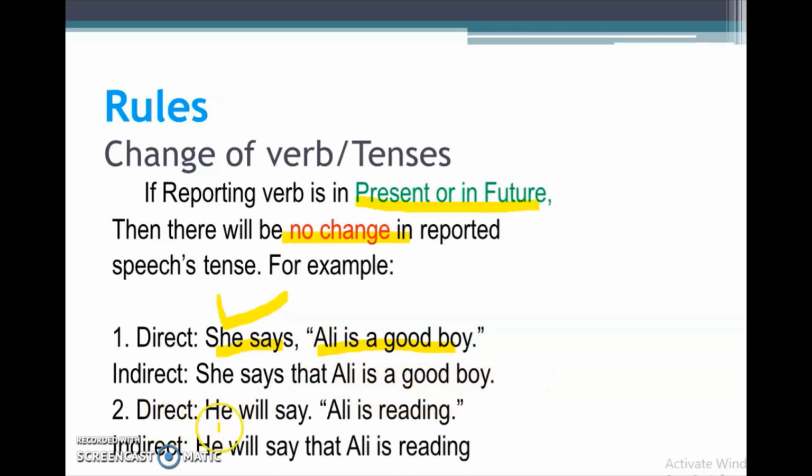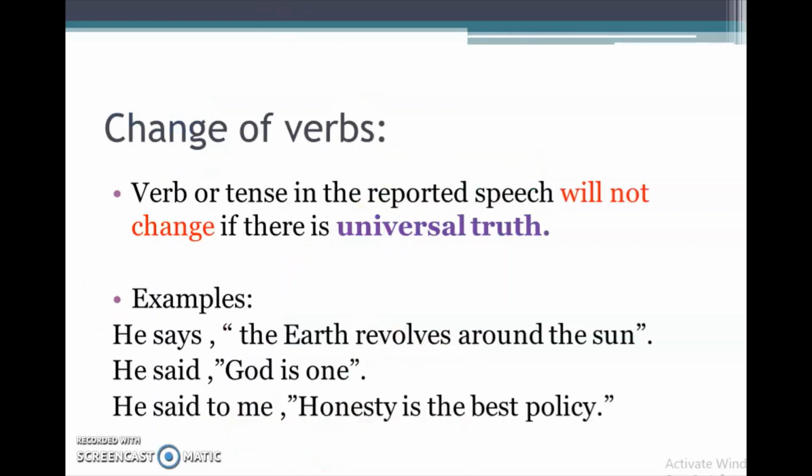In the second example, he will say, future tense. If there is present or future tense in this part of the sentence, that is also called the reporting verb, you need not change the tense in the other part of the sentence. The tense of the verb will remain the same.